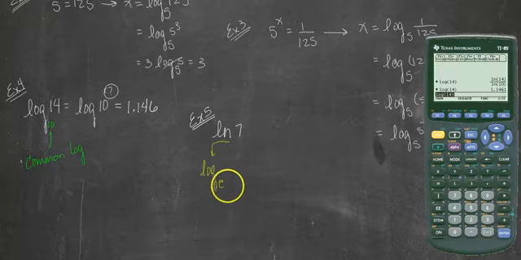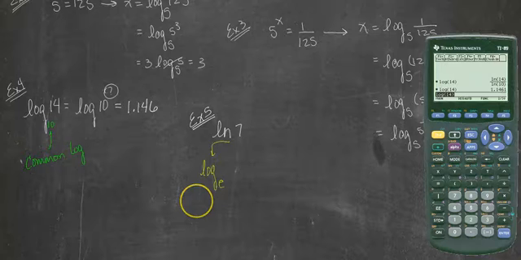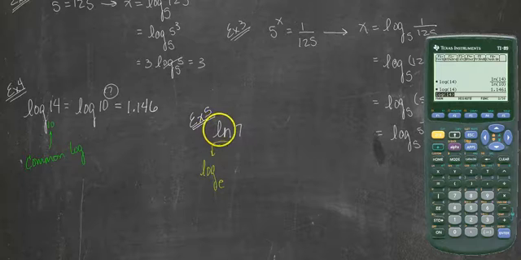The base for nature is E, and so we say the natural log, or the ln, I think that's French for natural log, abbreviation. The natural log of 7 is what we want to find.